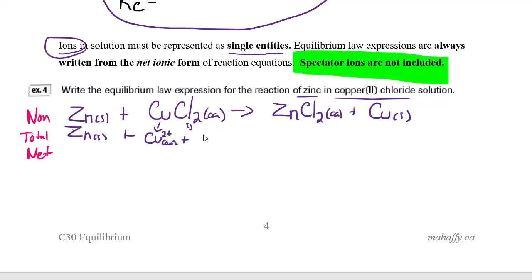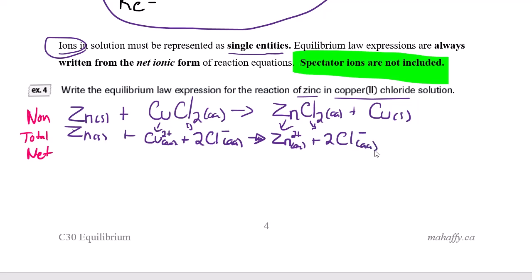And there would be 2 chloride ions, right? Because we needed 2 of them in order to balance. And then on the right side, this guy is aqueous ionic too, so it's going to split up. It's going to dissociate in solution to give zinc ions and, again, 2 chloride ions.